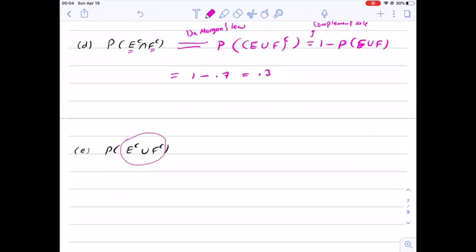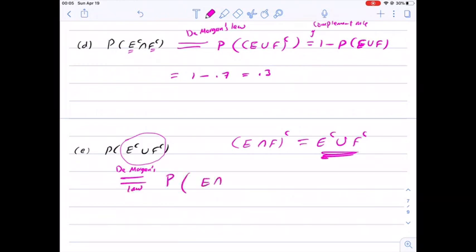Now the last part is also the second part of De Morgan's law. We know that for E intersect F complement, we can distribute the complement, but the intersection becomes union. So instead of writing E complement union F complement, we can write this using De Morgan's law as probability of E intersect F all complement.